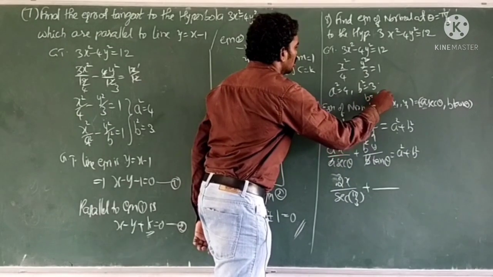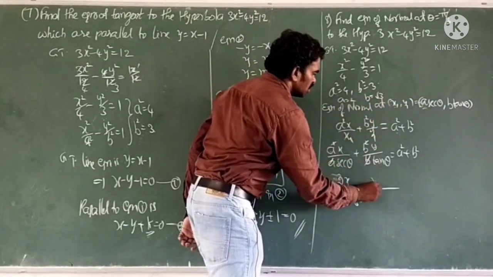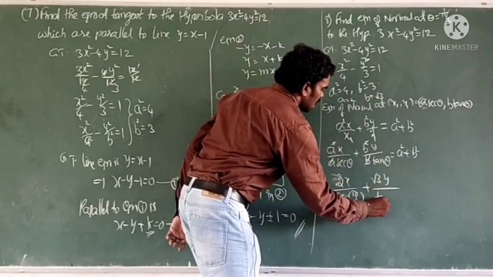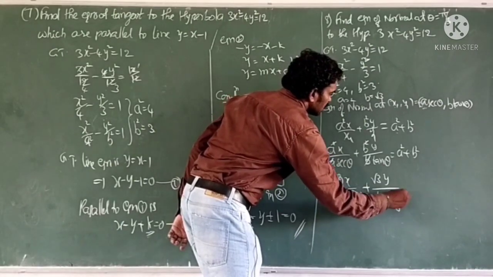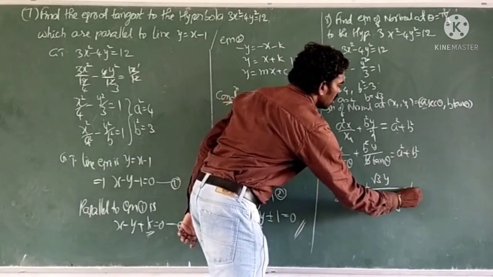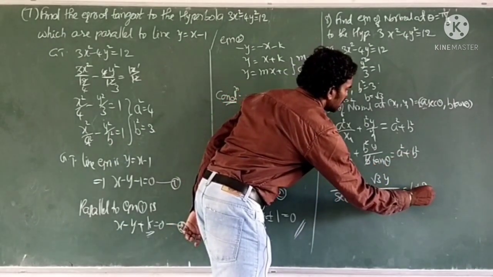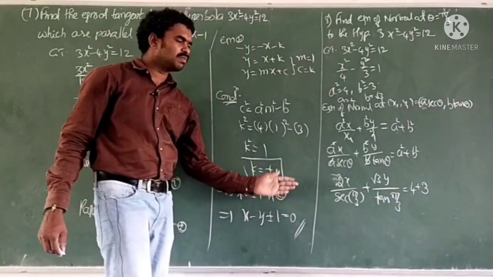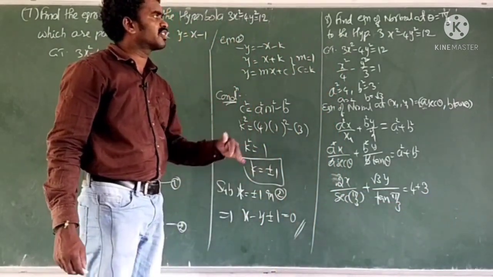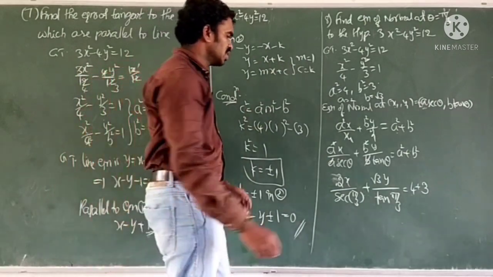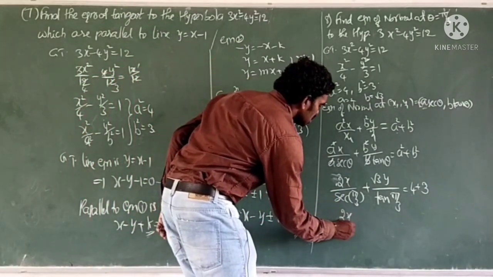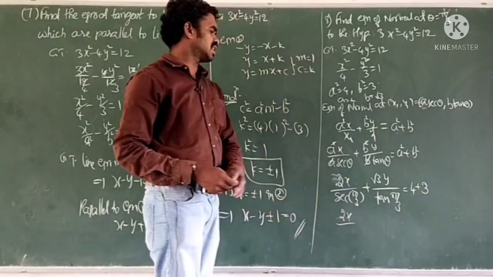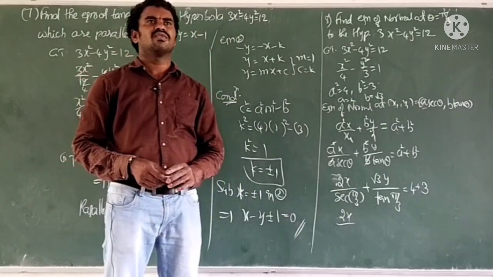B equal to root 3, a equal to 2. So root 3 y by tan theta, pi by 3, is equal to a square, which is 4, plus b square, which is 3. Okay. So by simplifying this we can get the normal equation of the given hyperbola. So 2x sec pi by 3, which means 60. What is sec 60?